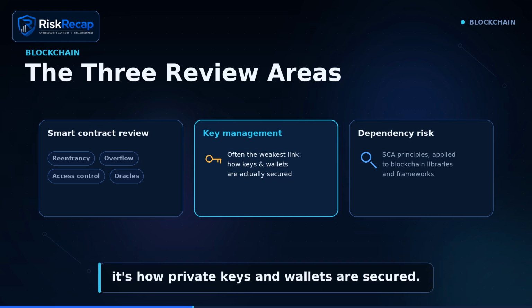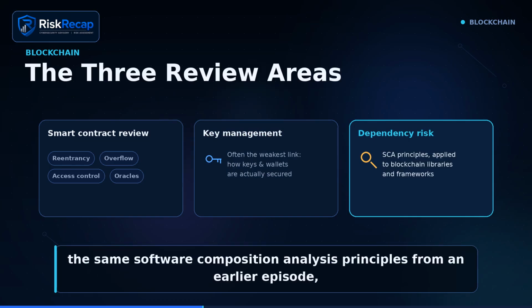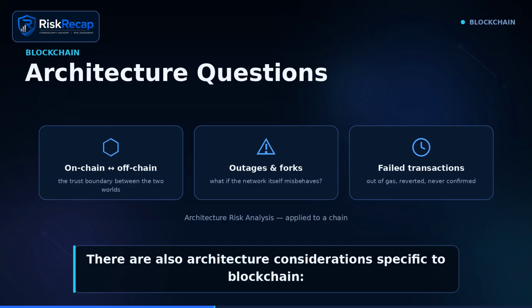Often the weakest link isn't the smart contract itself, it's how private keys and wallets are secured. And third-party dependency risk applies here too. The same software composition analysis principles from an earlier episode, but applied specifically to blockchain libraries and frameworks.